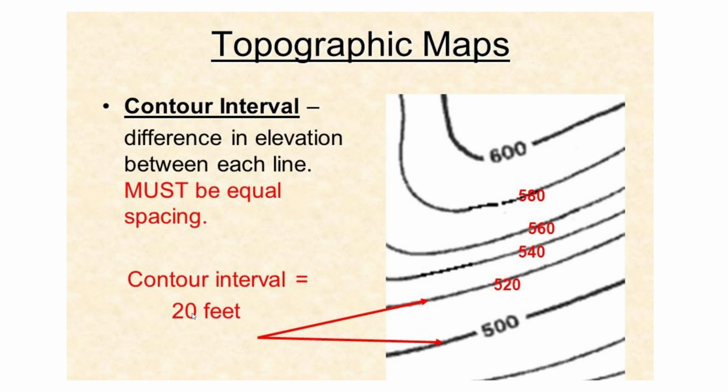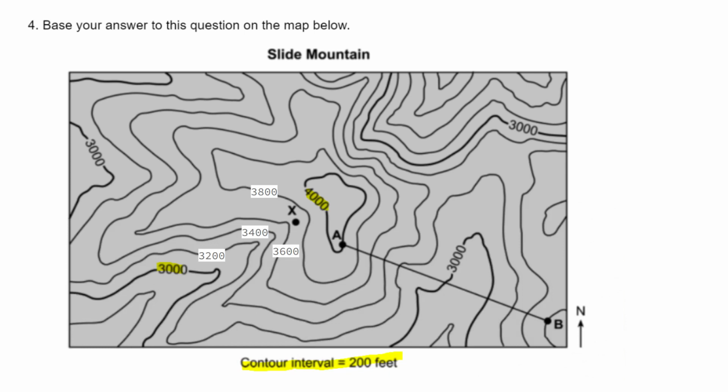And since my contour interval is 20 feet, I know that my value is increasing by 20 feet with each line as I go towards 600. So if this is 500, this would be 520, and this would be 540, 560, 580, 600. So contour intervals give you an idea of how much the value of each line is going up or down by.